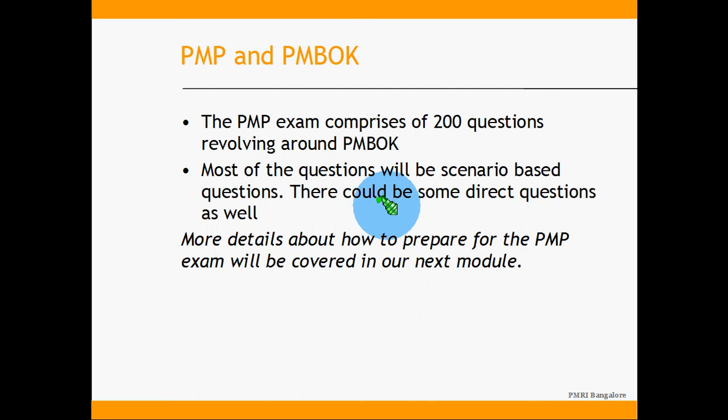So it is not a fruitful investment to spend too much time on the inputs, tools, and techniques and outputs. Whatever you can score correctly based on your reasoning and understanding during the exam will suffice. But if you put too much effort into learning by heart, you can be in trouble.